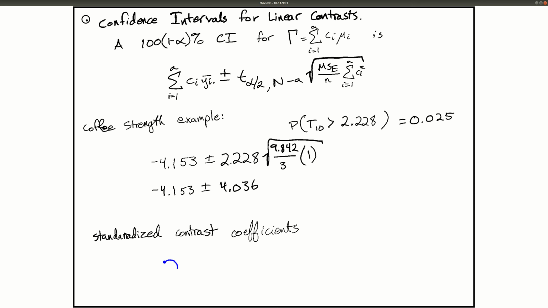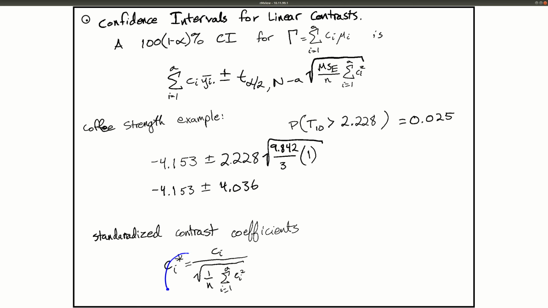We denote them with a little star, so c sub i star is equal to c sub i divided by the square root of 1 over n times the sum of each contrast coefficient squared, summed from i equals 1 to a.